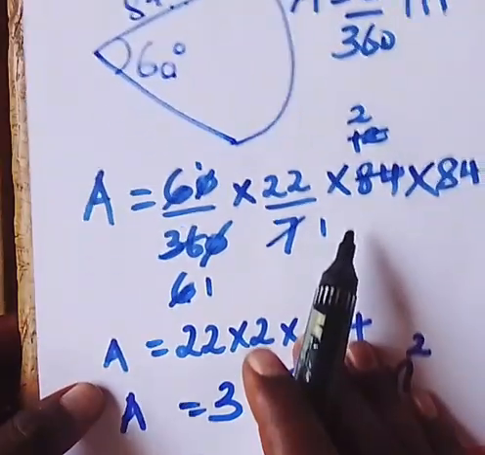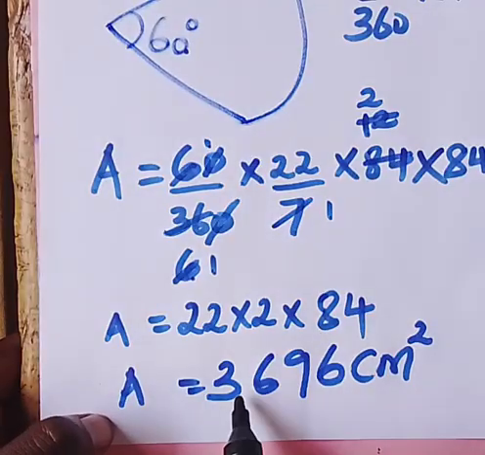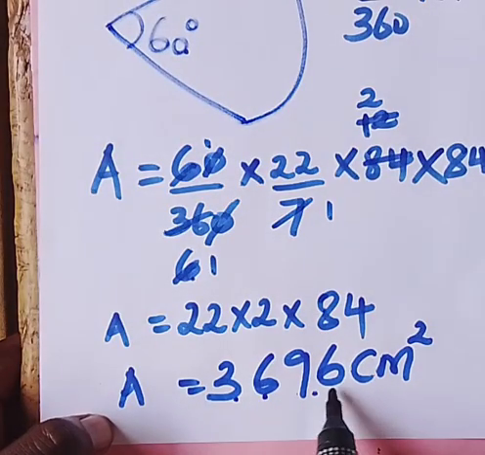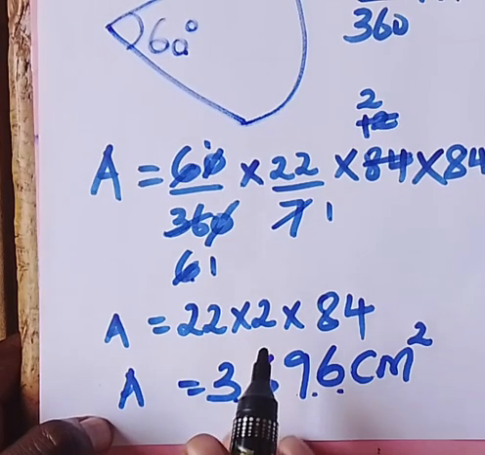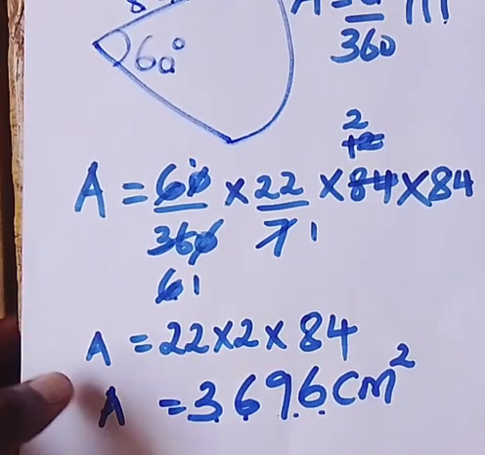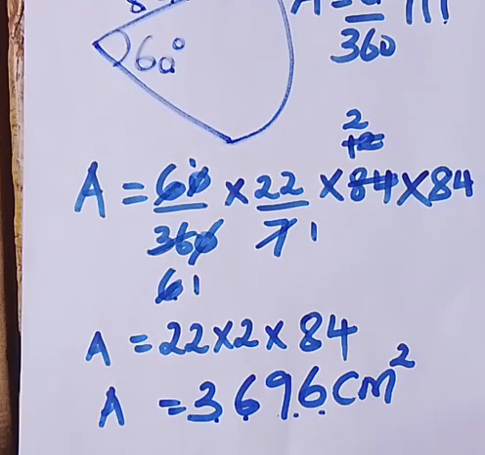After simplification, you will get what? 3,696 centimeter squared, because this is area. This is area and the area is calculated like that. Now, if you have any question about the same, you can just comment down there and ask the question, then I will answer you accordingly.